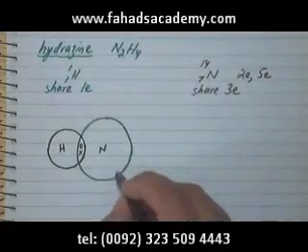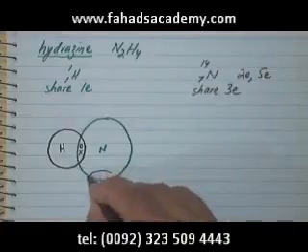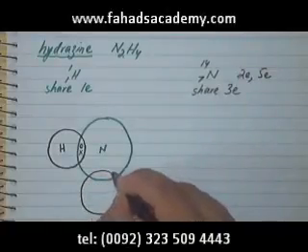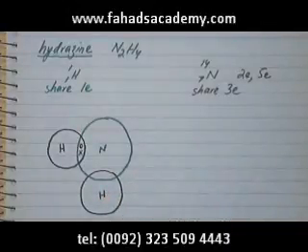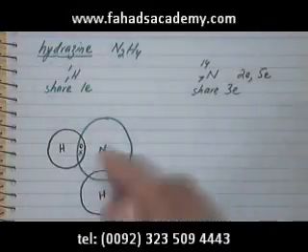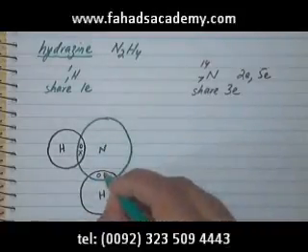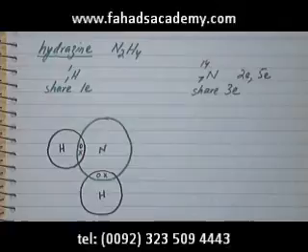So you would need another hydrogen. So I've drawn another hydrogen. That hydrogen would share 1 electron with that nitrogen, and the nitrogen atom would share another electron with that hydrogen.